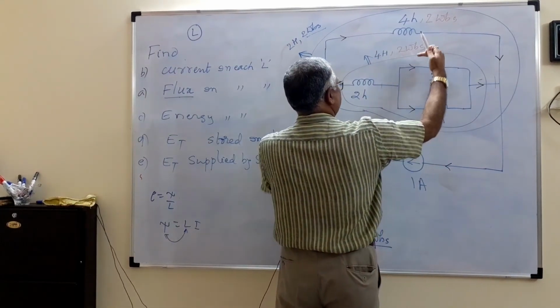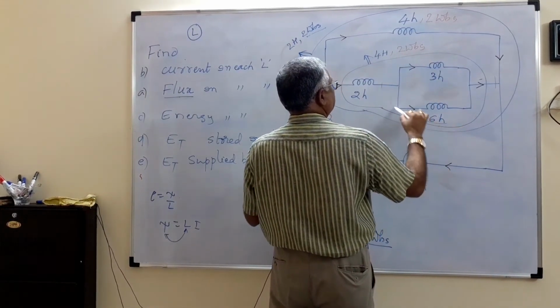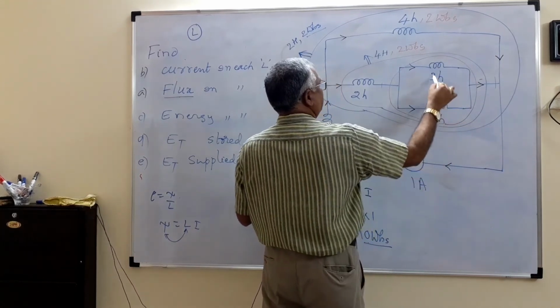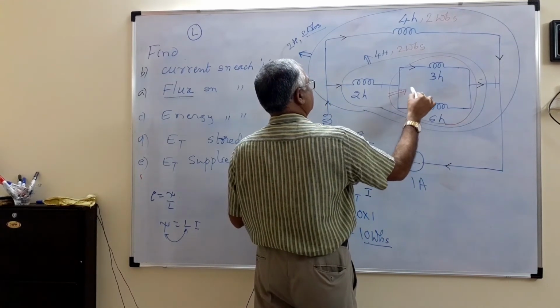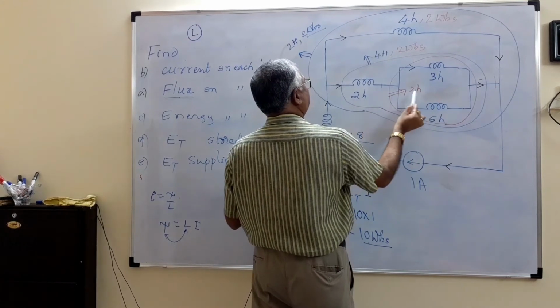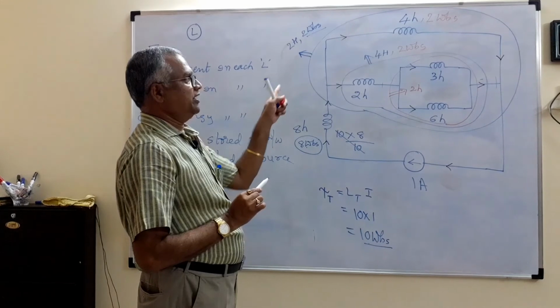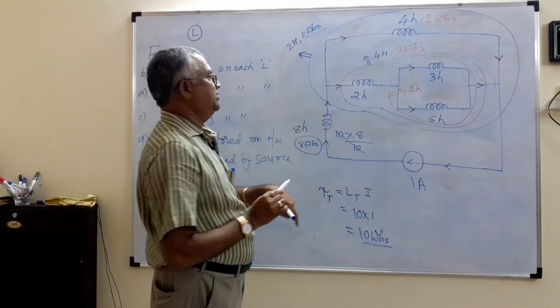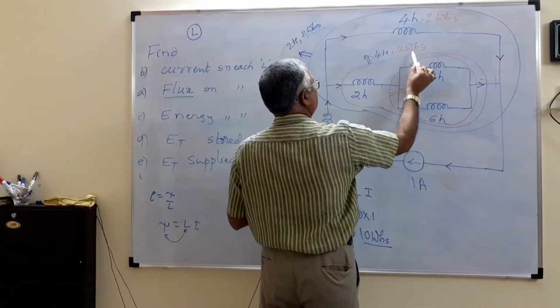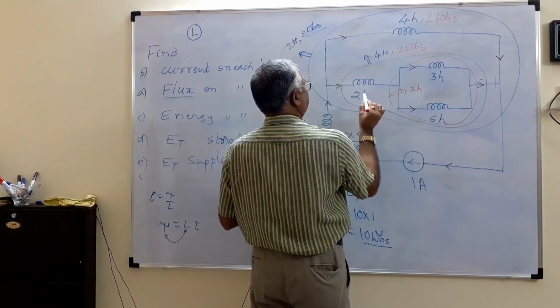Now this 2 Webers goes further inside. What is this equivalent? 3, 6 parallel is 2 Henry. 2 Henry connected in series. In series, what is same? Current same, but flux will divide. This 2 divides between 2 Henry and 2 Henry.